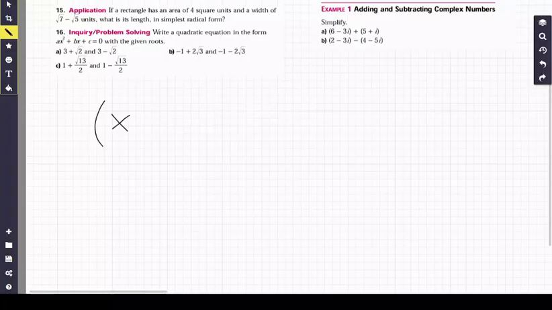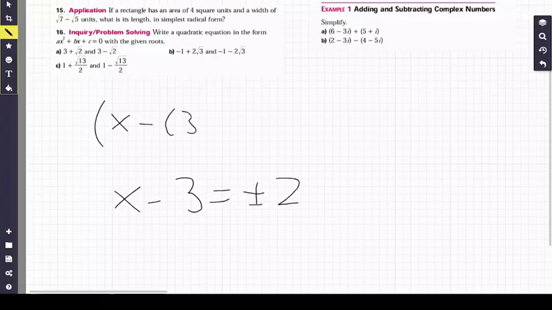So for x to have a root of 3 plus root 2, your last step had to be this. Alright? This had to be your last step. So now, for us to actually have 3 plus root 2, we needed to have a subtraction mark here.